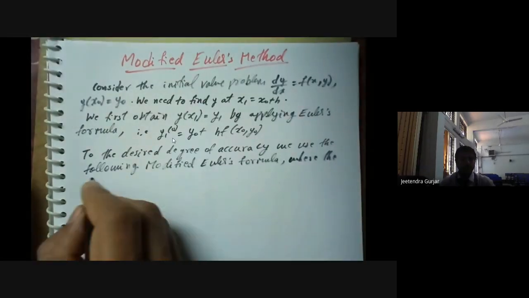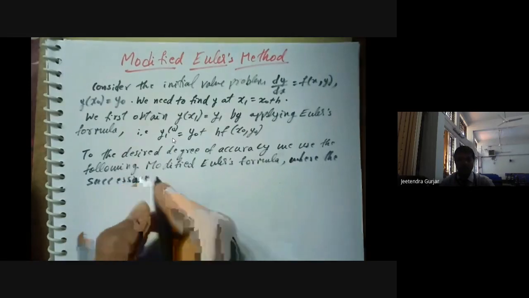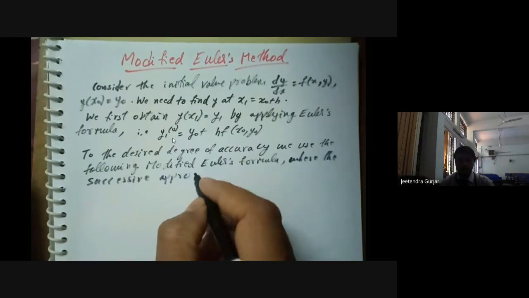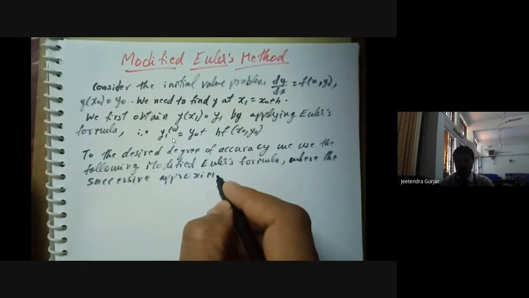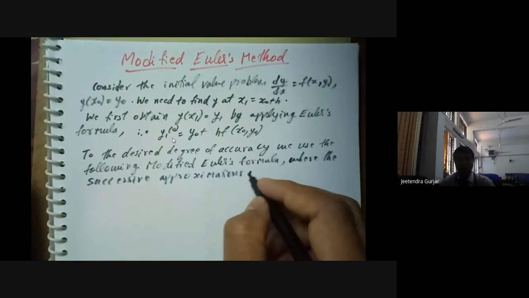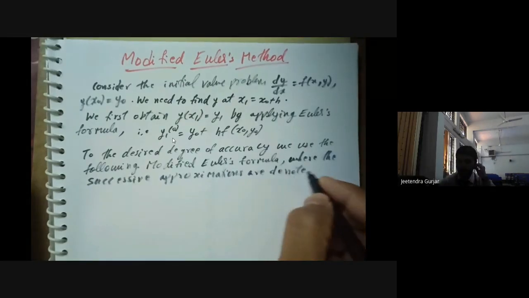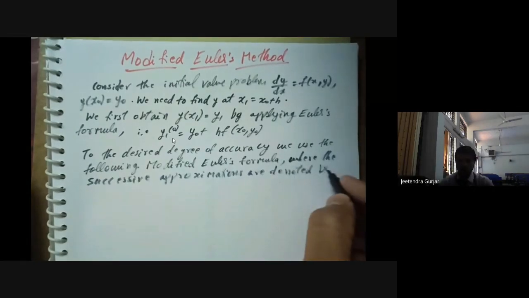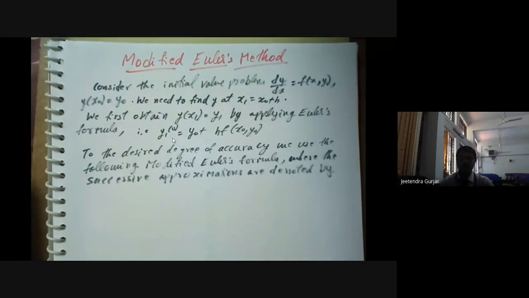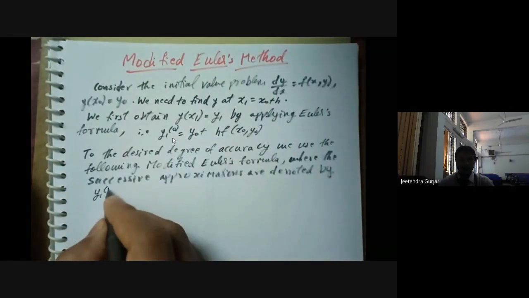They may tell you 3 approximations, they may tell you 4 approximations. According to that, we continue this to get the approximate values.